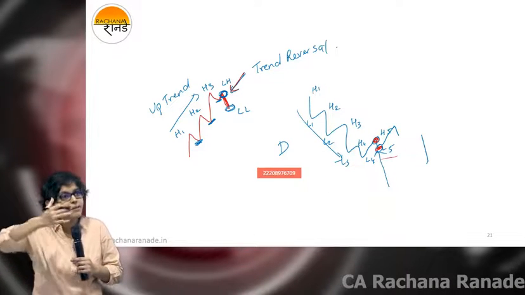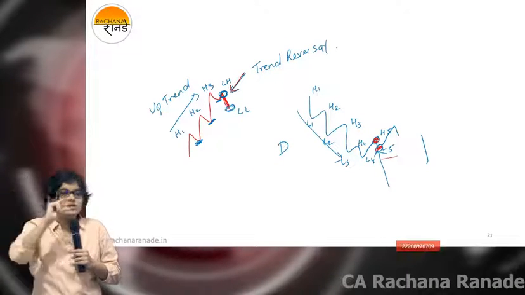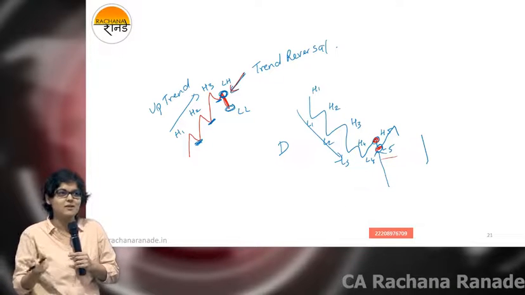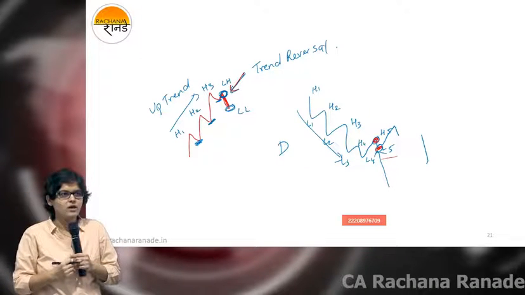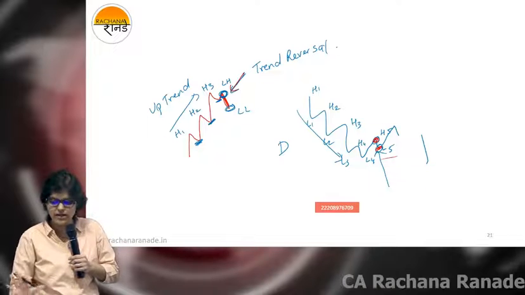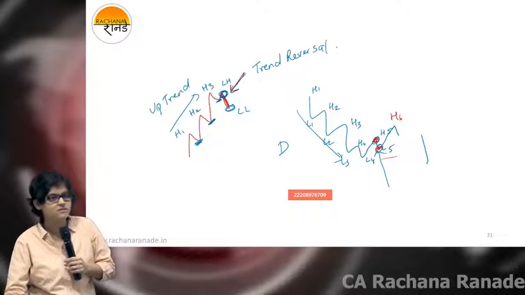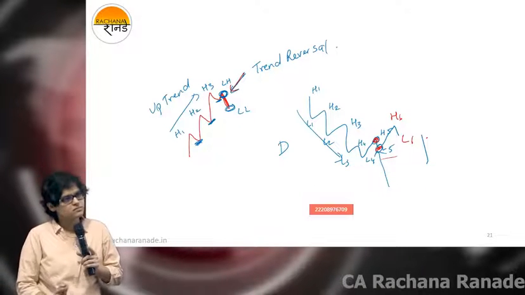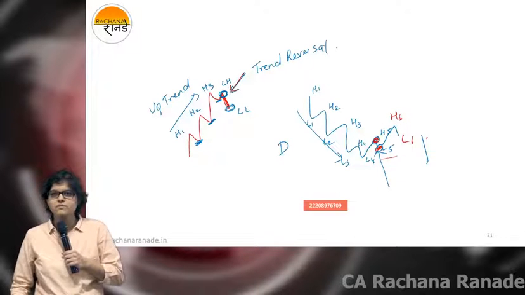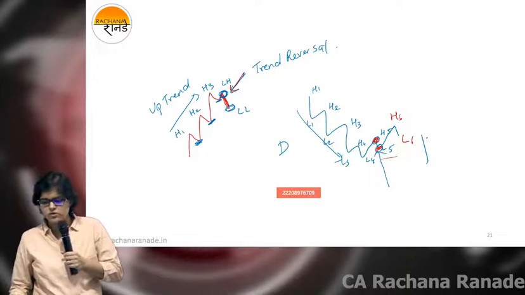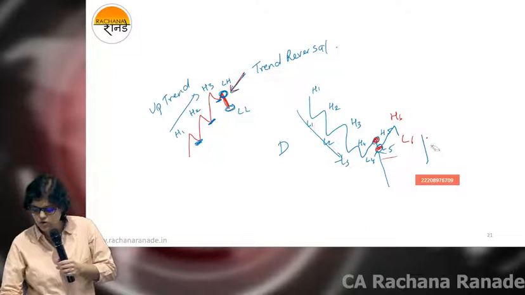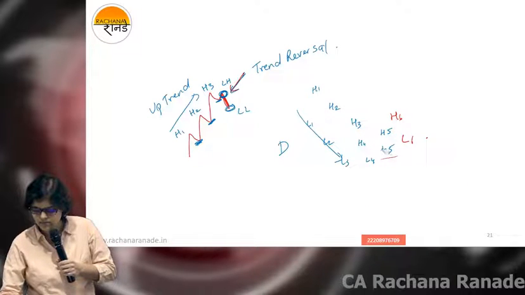If it is accompanied with a price pattern or a specific candlestick, then it'll be great to take a call here. If you don't have any other confirmation, then wait till your H6 and L6. Fair enough? Yes. Okay. So if you want to draw, you can also draw a trend reversal for a downtrend.